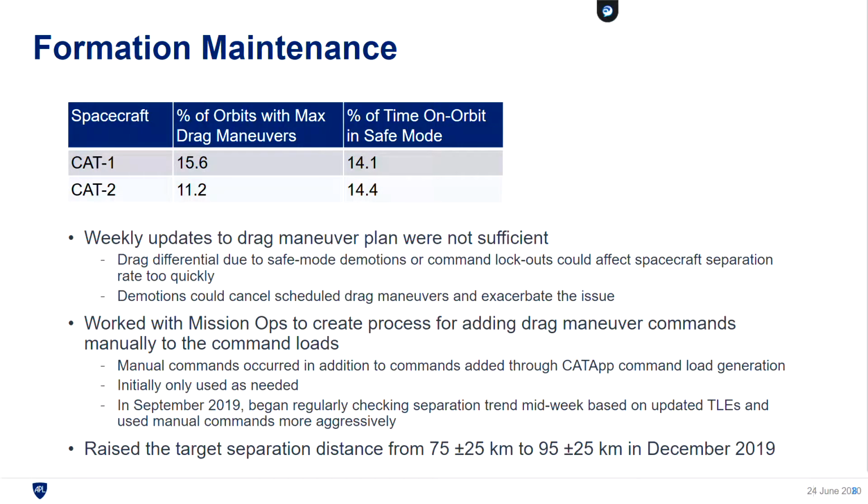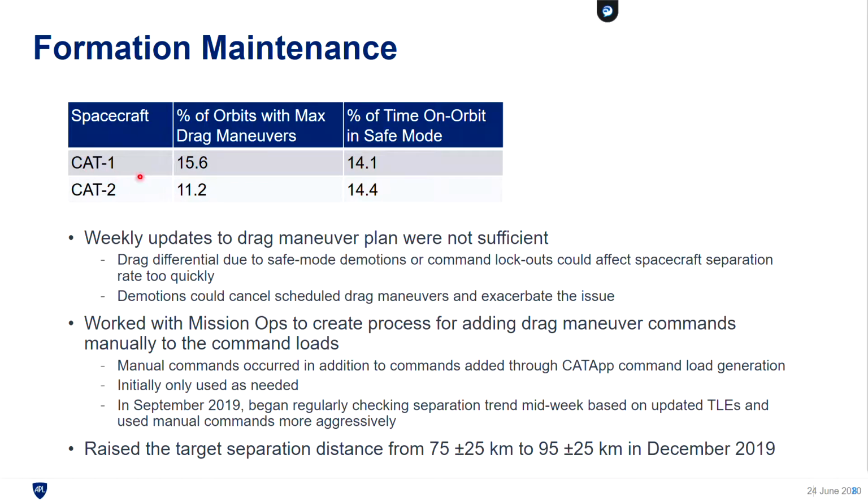So now I'll discuss moving into the formation maintenance now that the initial velocity after deployment was counteracted. You can see here that the spacecraft, both of them have spent a fairly significant amount of time in safe mode, and both of them have spent about the same amount of time in safe mode.